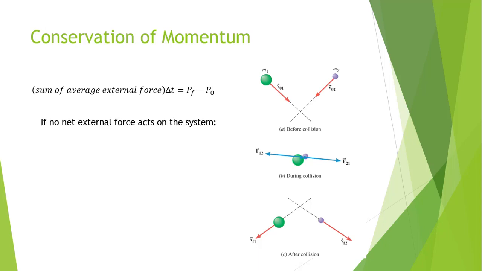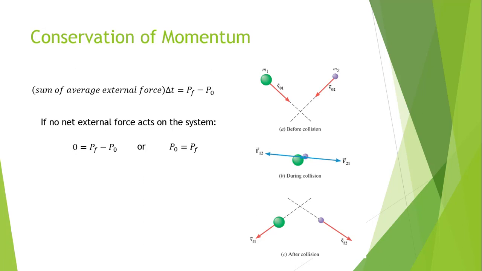Now if there's no external force that acts on the system, so let's say that all the external forces acting on the system cancel out. Maybe these two balls are rolling on a table, so the two external forces that act on each ball are weight or gravity and normal force, but weight and normal force for each of the balls cancels out.